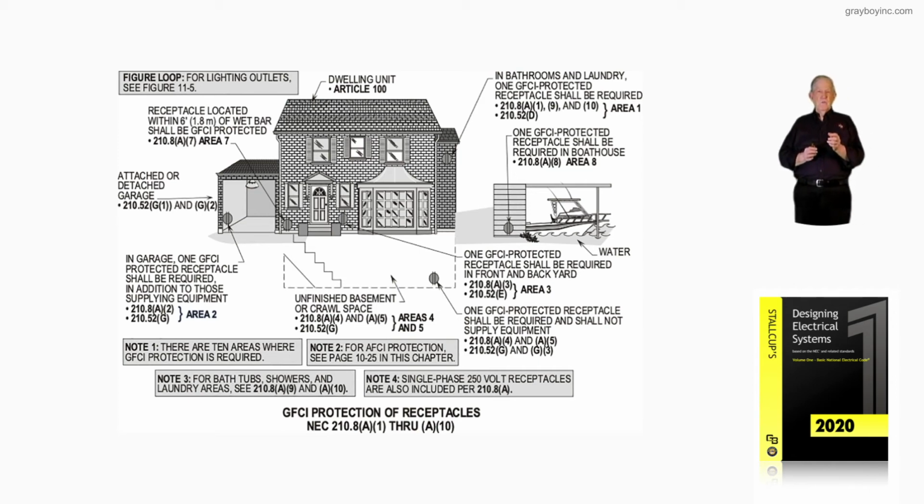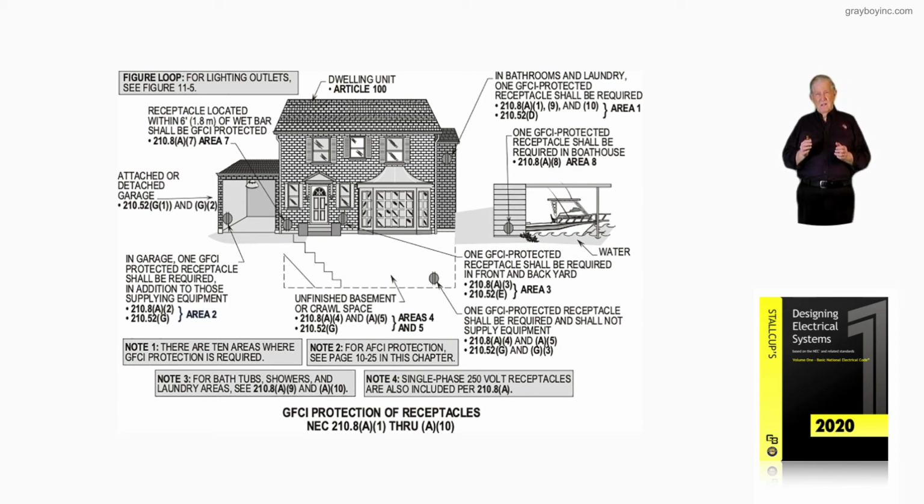Now, moving to the left of the unfinished basement, we pick up area 2. And notice in garage, one GFCI protected receptacle should be required in addition to those supplying other equipment. Be sure you read up on that. Now, that's in accordance with 210.8(A)(2) and 210.52(G). But notice the exception.